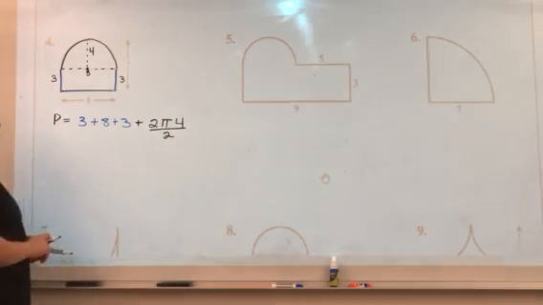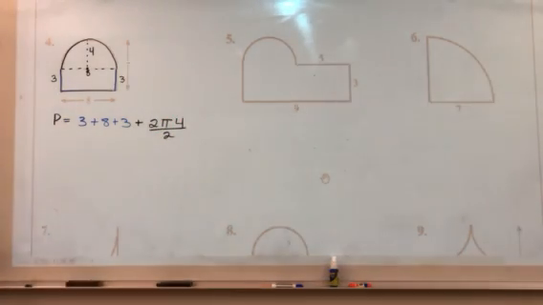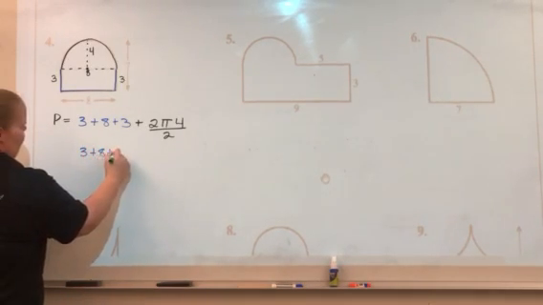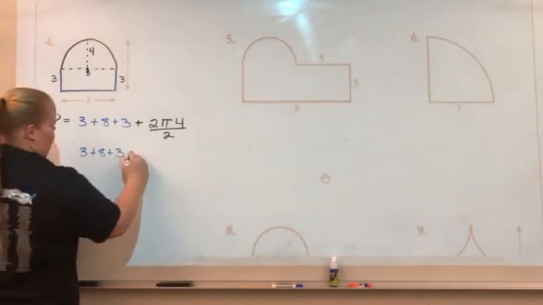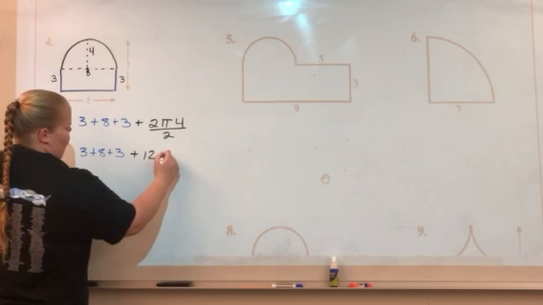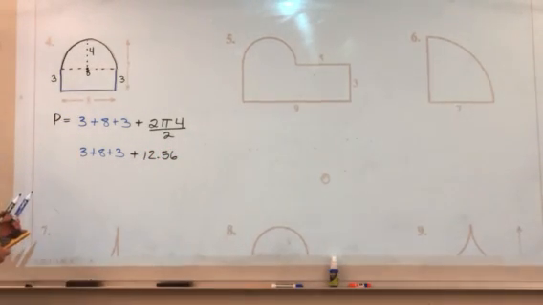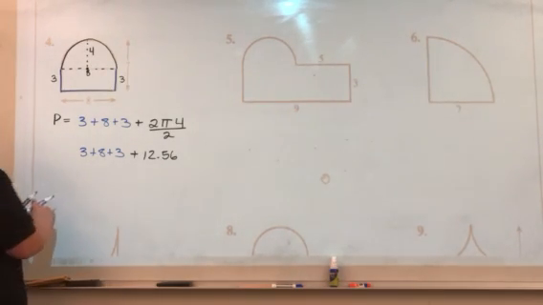I have 2 times pi times 4 divided by 2, and that's going to be 12.56. So we have 3 plus 8 plus 3 plus 12.56. That's going to be equal to 26.56 units.